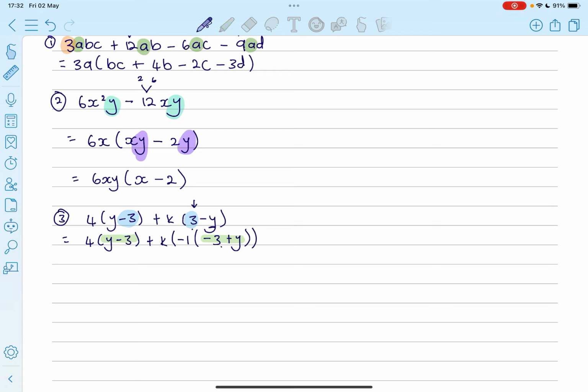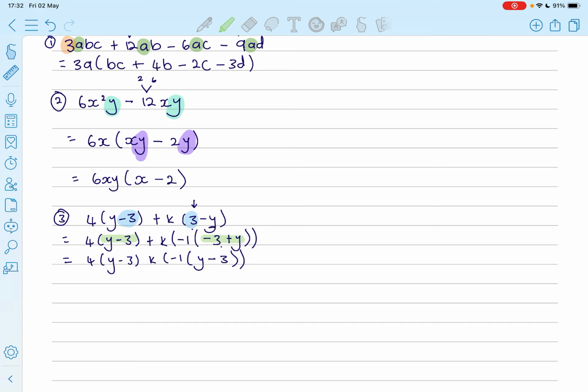Okay, let's proceed. Now all we're going to do is rearrange. So 4y minus 3, k. Let's keep this -1 here. Let's not do anything yet. And then this then just becomes y minus 3. Okay, now time to simplify further.